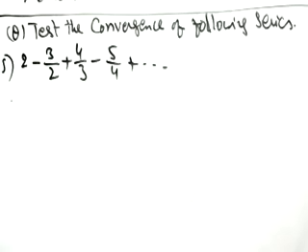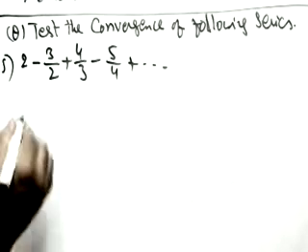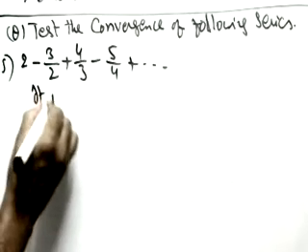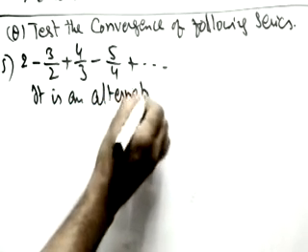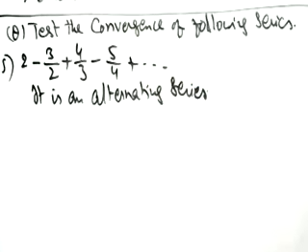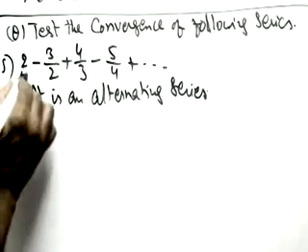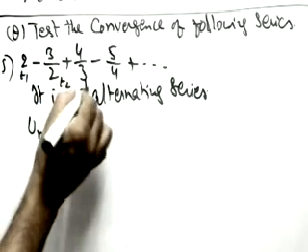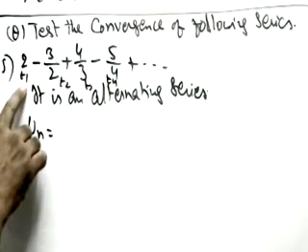Now see here, this is the question. First we see that it has plus and minus alternating, therefore first let me write that it is an alternating series. For an alternating series, we have to use Leibniz. For that, first let me write what un is. This is the first term, second term, third term, fourth term.